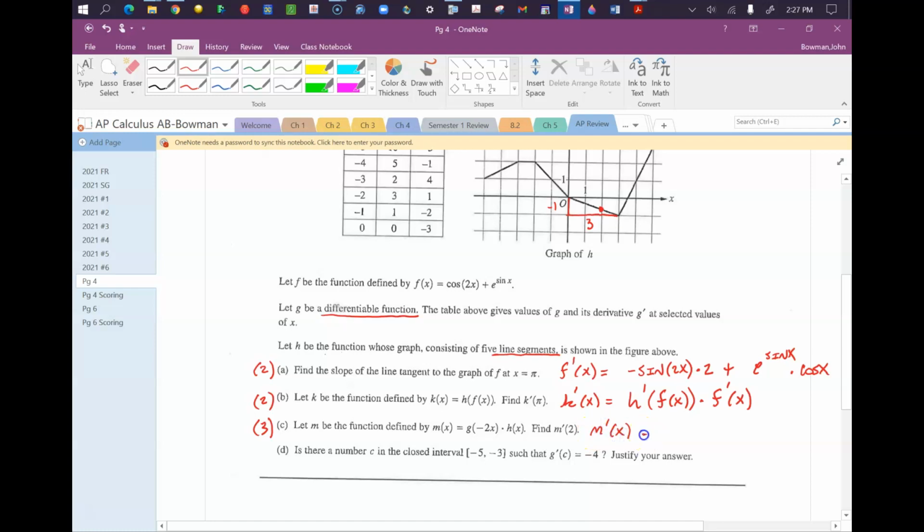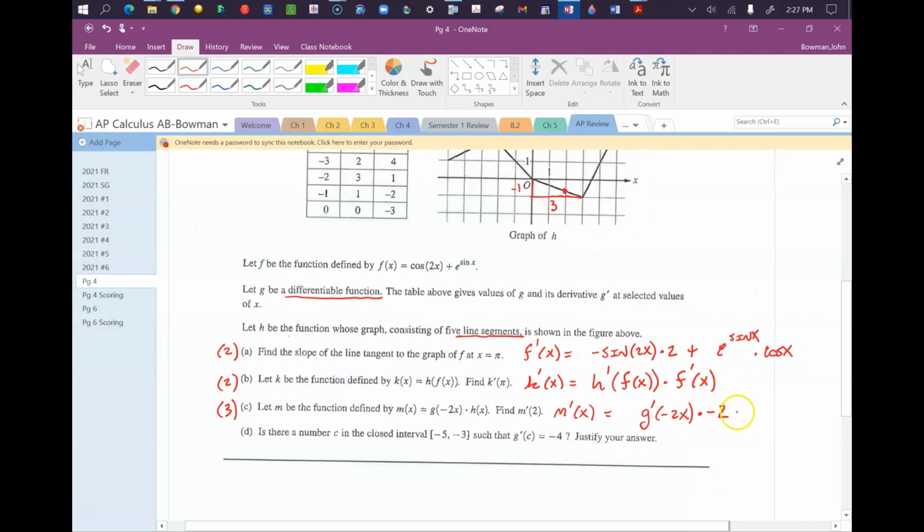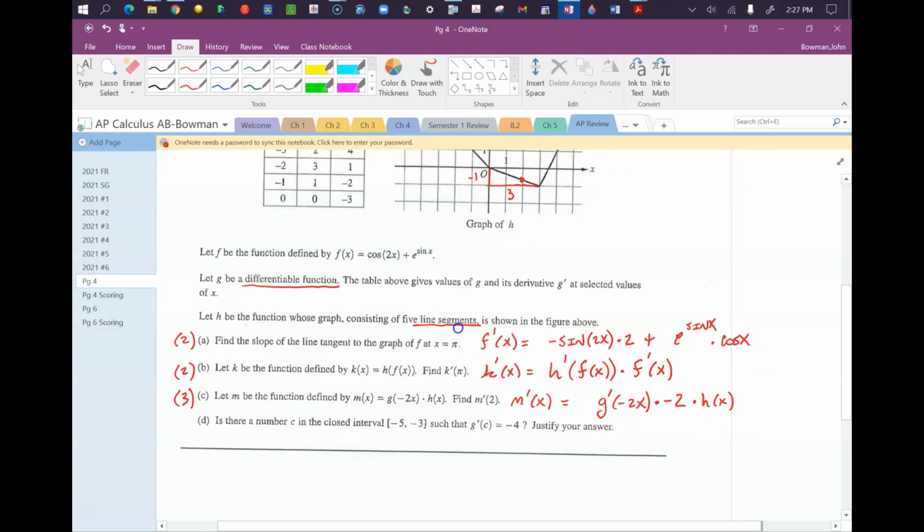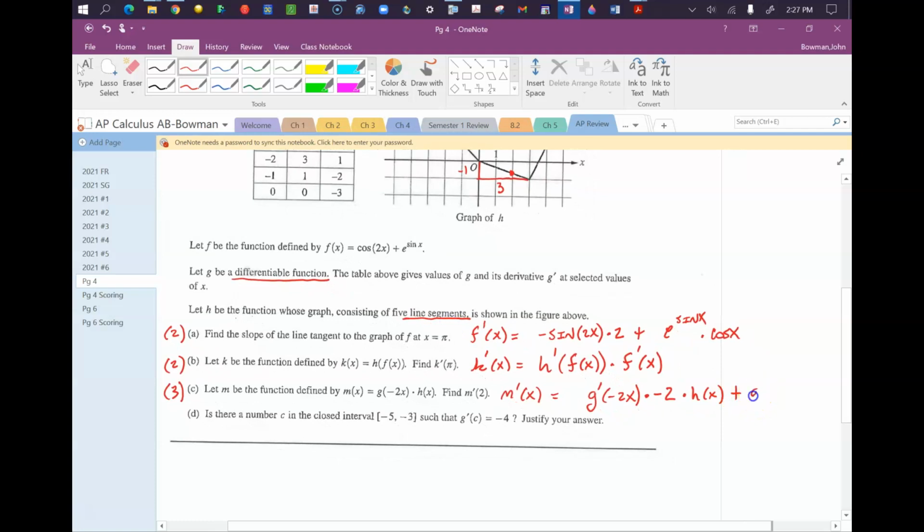So m prime of x is going to be equal to g prime of negative 2x times negative 2, because we're using the chain rule and the product rule here at the same time, times h of x, so the derivative of the first times the second, plus the first, g of negative 2x, times the derivative of the second, h prime of x. So the chain rule and the product rule thrown together there, and that gives you 2 points, 1 point for the first part and 1 point for the second part.